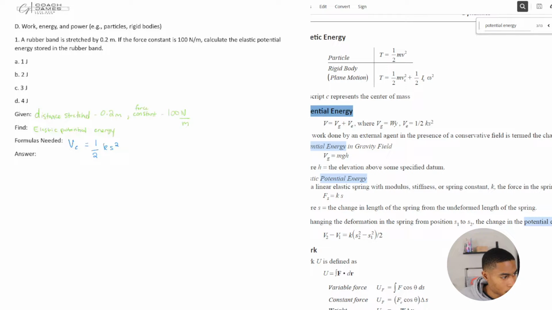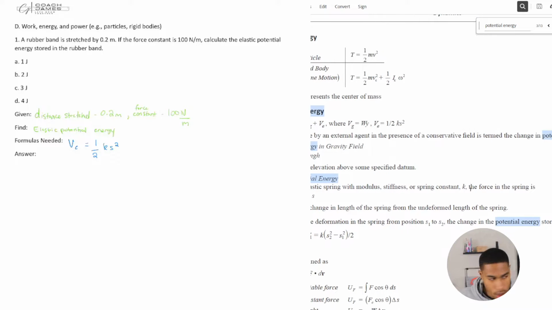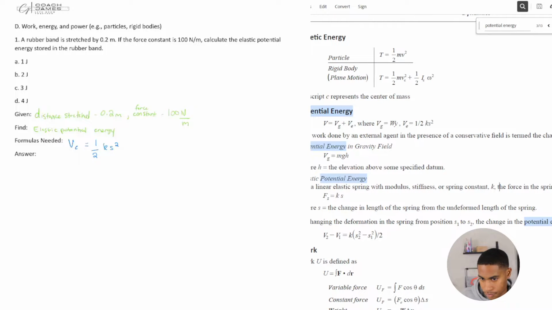K is the constant, the force constant of the spring.